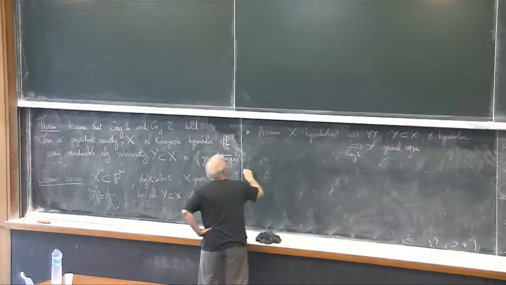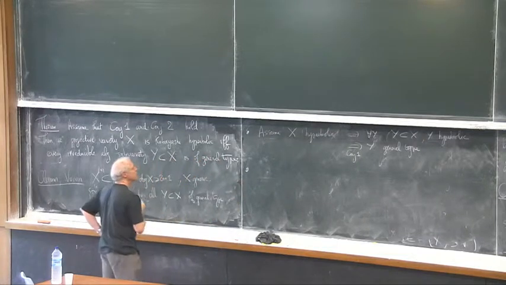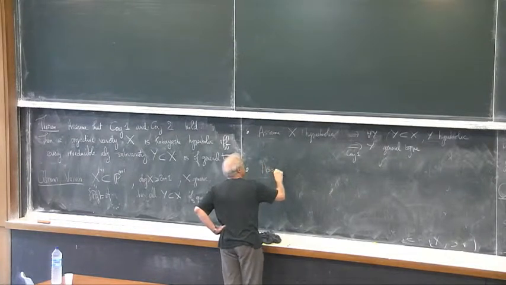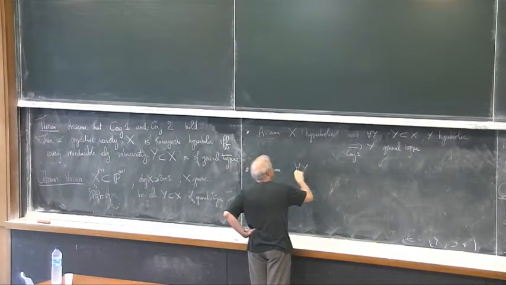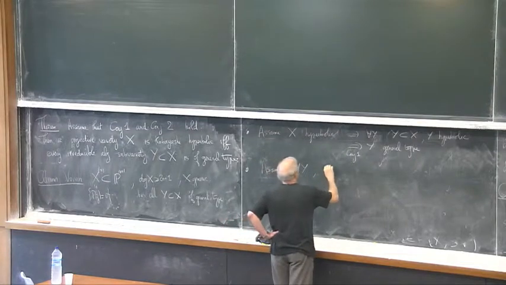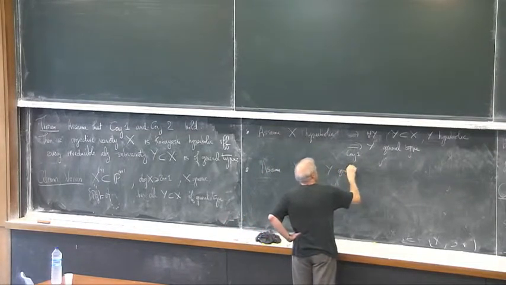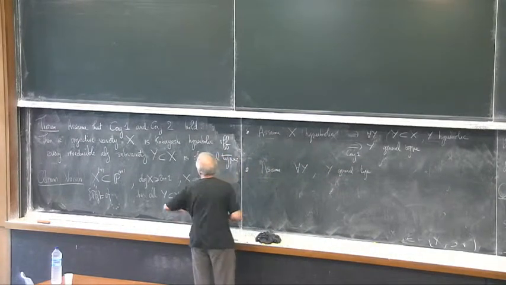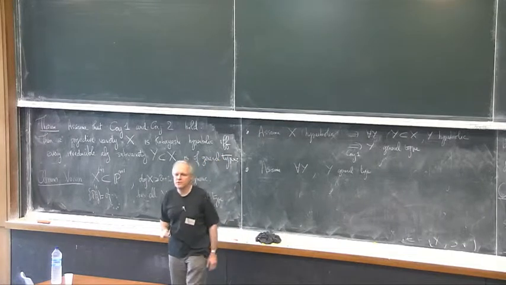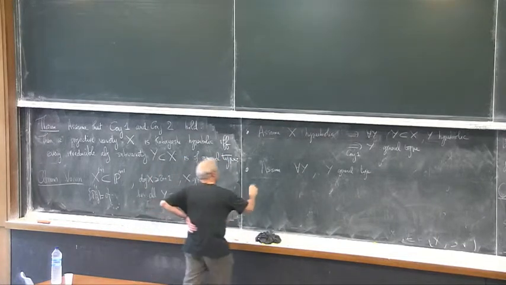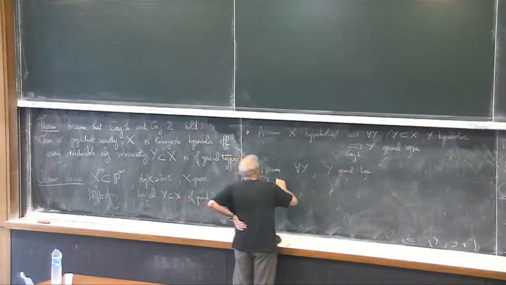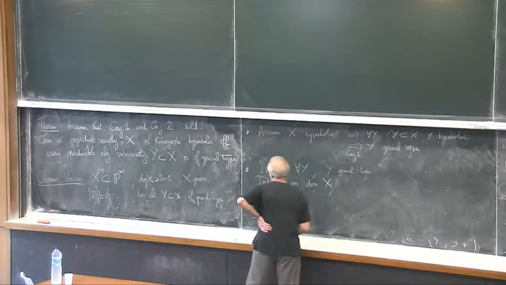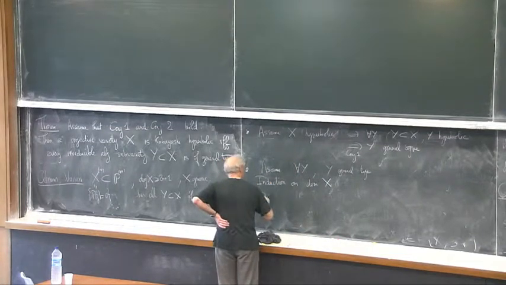Okay, so the converse is slightly more involved. So assume the property. Assume for every Y, Y is of general type. Okay, so now you argue by induction on the dimension of X. Now pick an entire curve f.